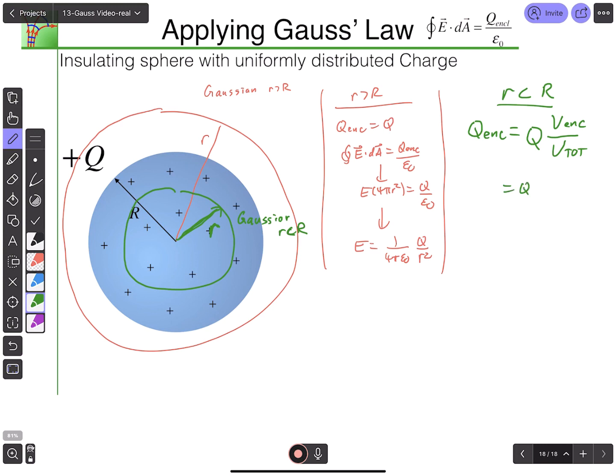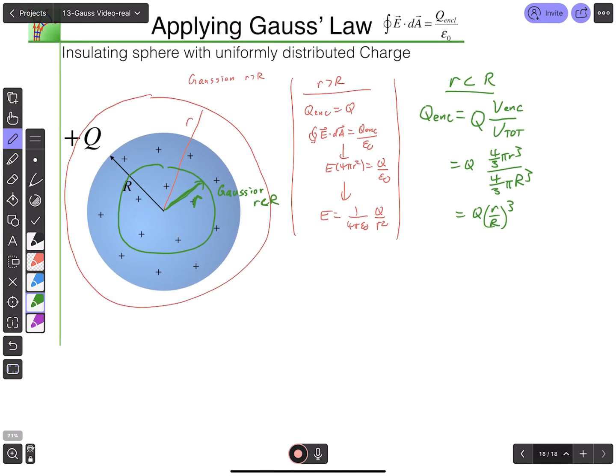The volume of a sphere of radius little r would be 4/3 pi r cubed, but the total volume of the whole sphere is 4/3 pi capital R cubed. So Q enclosed here is just going to be Q, we see a lot of canceling out there, times r over R cubed. So now, using this, we can write down Gauss's law and figure it out.